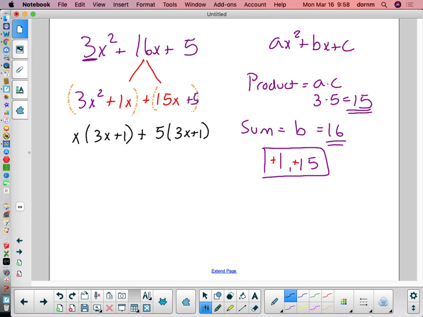If these two don't match, you've done something wrong. But they do match, so I have a greatest common factor now of 3x plus 1, and I'm left with an x plus 5. And I have factored that polynomial. I've undone the FOIL that gave me this.